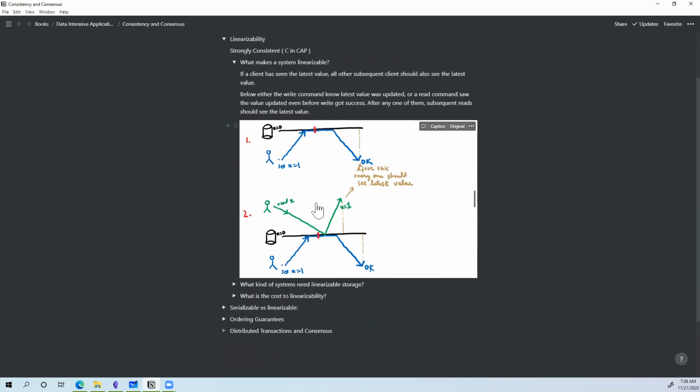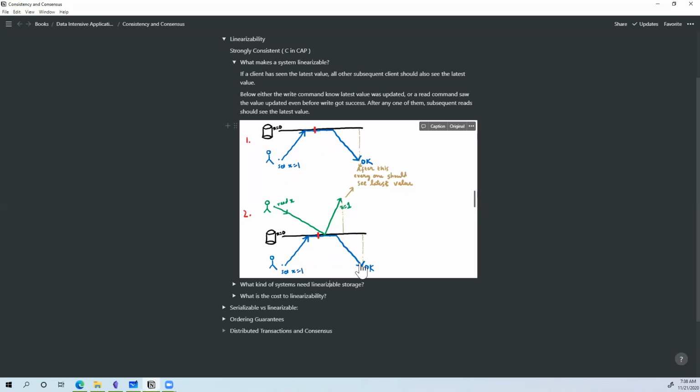Another example: let's say I was writing x equals 1, and at this point the value was written. I have still not got the okay response, but someone else has read the value and his request hit at this point, so he will see the latest value.